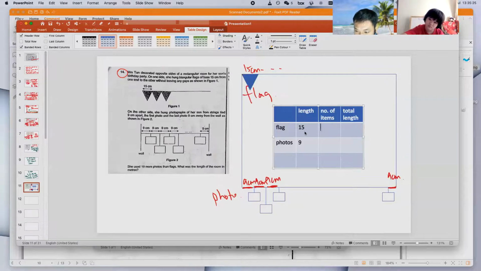Then for the number of items, let's say if the number of items for flat is U, so she used 19 more photos, so for photo it is U plus 19, right? Because of this statement, 19 more photos. So therefore the total length for flat is 15U, and the total length for photo is 9U plus 9 times 19. What's the answer? Can you help me out?